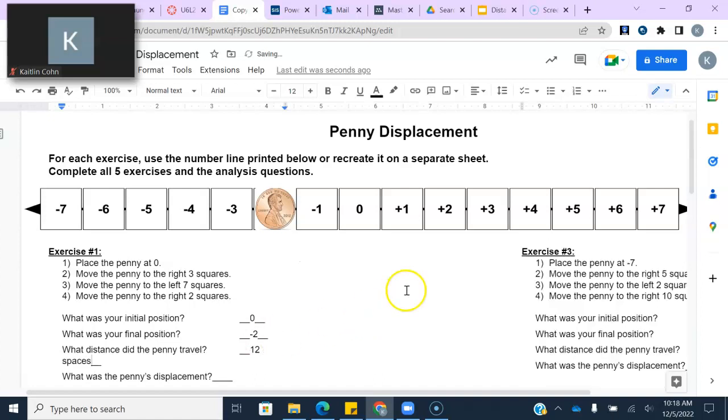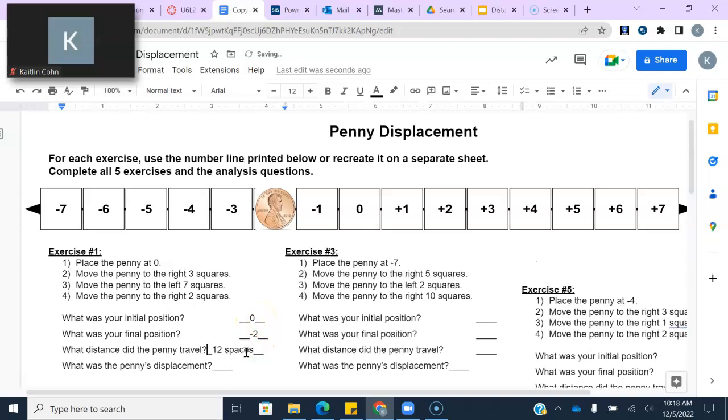And I'm going to move this over just so our formatting doesn't get too messed up. All right, so our distance traveled was 12 spaces, because remember the distance is the total amount of ground covered. If you travel a mile, by walking back and forth for however long it takes you, you still traveled a mile. So the distance is the total move.